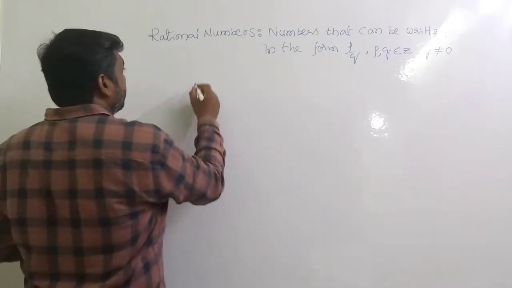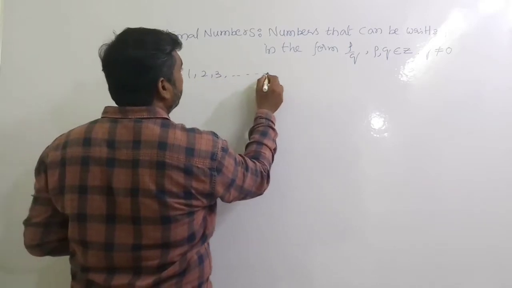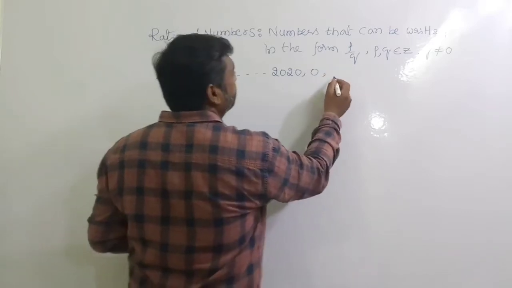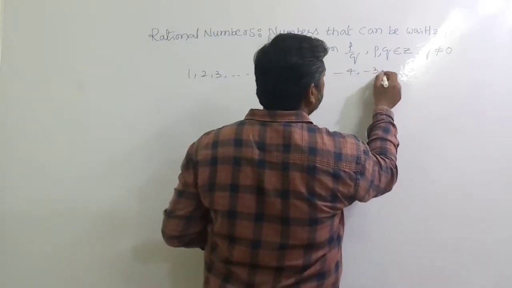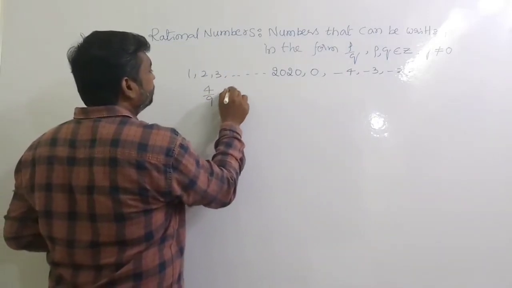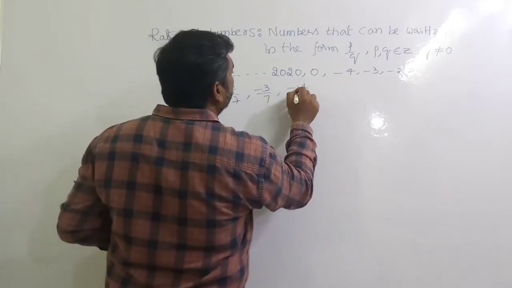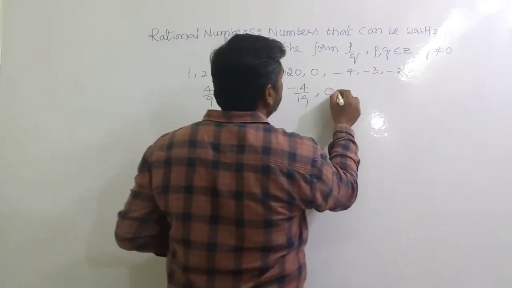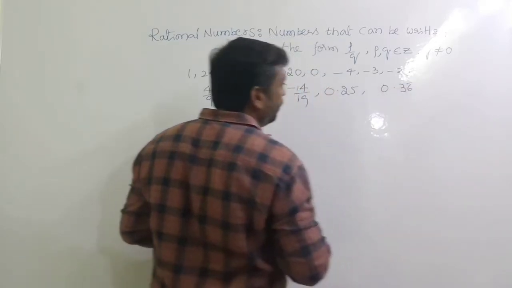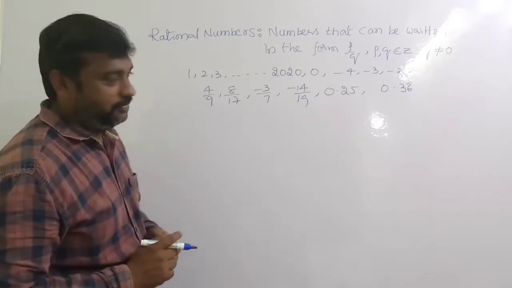Examples for rational numbers: all natural numbers 1, 2, 3 and so on, 0, all negative numbers -4, -3, -2, fractions 4 by 9, 8 by 17, -3 by 7, -14 by 19, decimals 0.25, 0.36 bar, etc. All these numbers are examples for rational numbers.